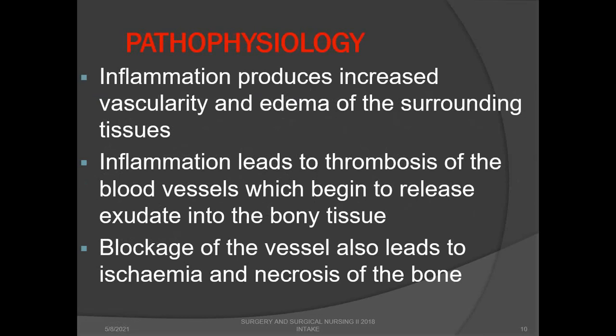We find swelling because there is too much vascularity, and edema is just swelling. Inflammation leads to thrombosis of blood vessels, which begin to release exudate in the bony tissue. Then blockage of the vessels also leads to ischemia and necrosis.